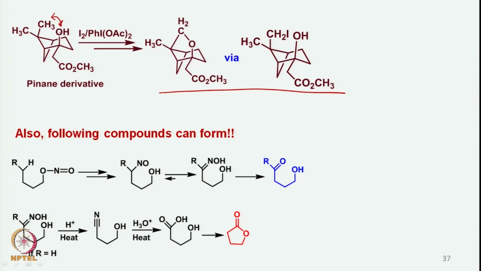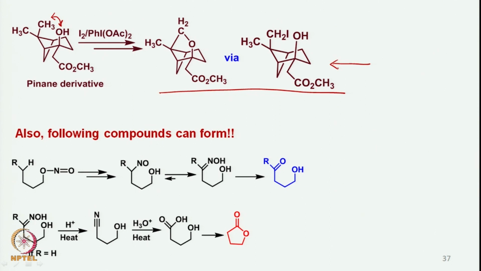You have 1, 2, 3, 4, 5, 6, so you have a 6 member transition state that can form. The iodine PhI(OAc)2, that is phenyl iododiacetate, gives I plus, and this I plus allows the OH to form OI, and that undergoes cleavage. We will discuss this particular part a little bit later.